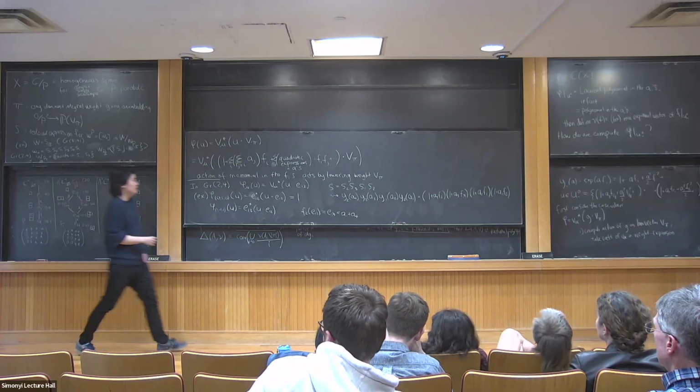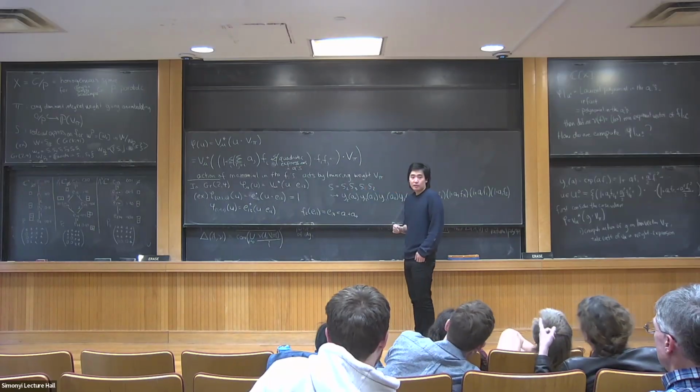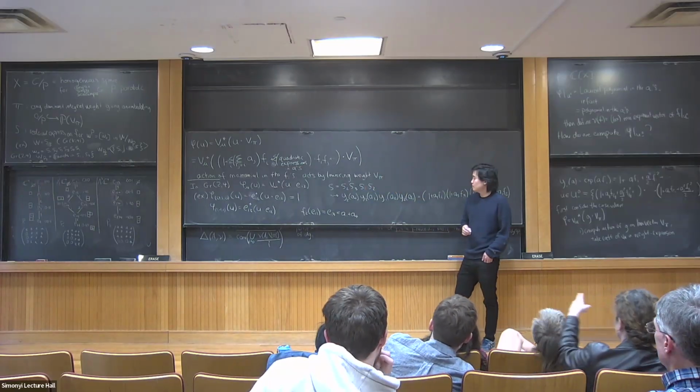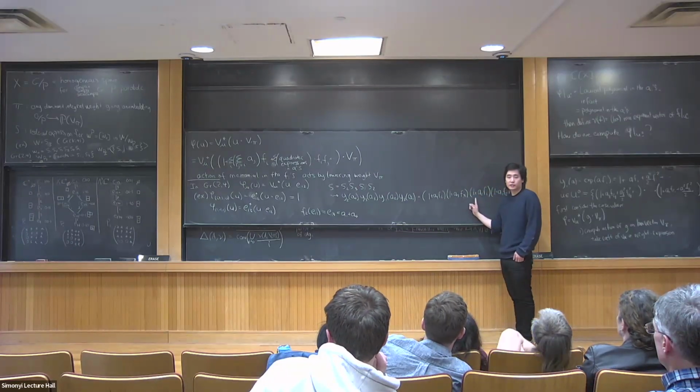If you act by the rest of them, are you saying you only get these linear terms, or that's the only thing that matters? These are the only things which act non-trivially on that representation.